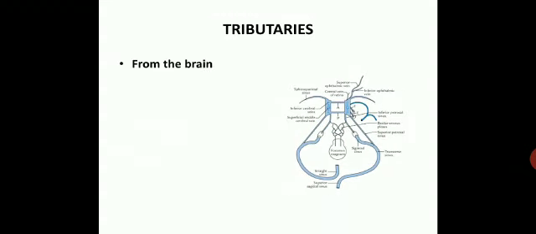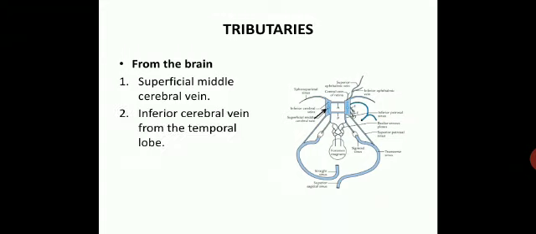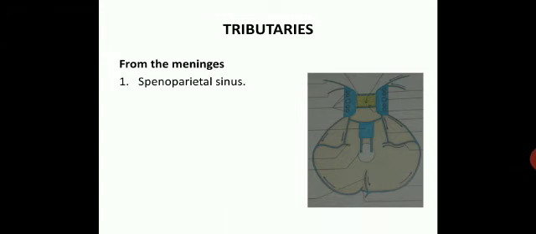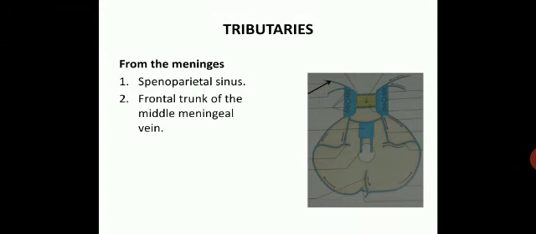The tributaries from the brain include the superficial middle cerebral vein and inferior cerebral vein from the temporal lobe. The tributaries from the meninges include the sphenoparietal sinus and the frontal trunk of the middle meningeal vein.